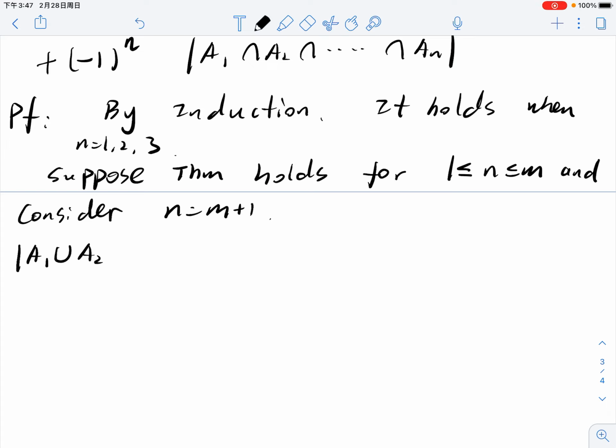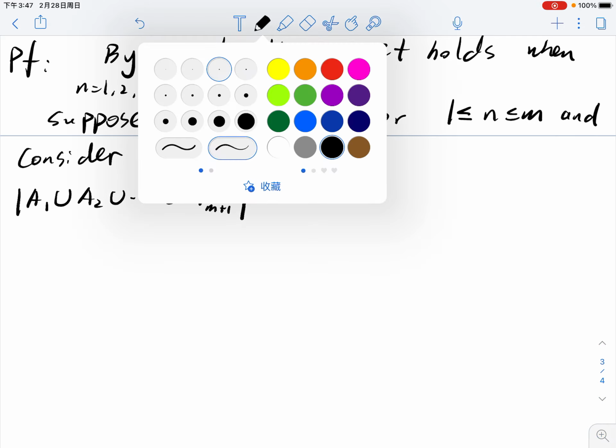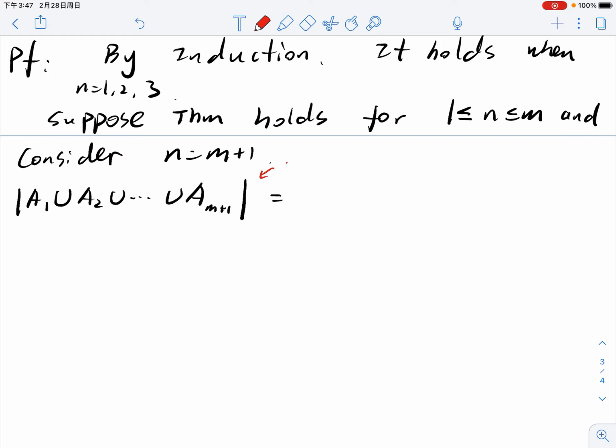And now the left-hand side is the union of m plus 1 arbitrary finite sets, and you apply the formula for m ones. So you view it as A1 union all the way to AM, and union AM plus 1.